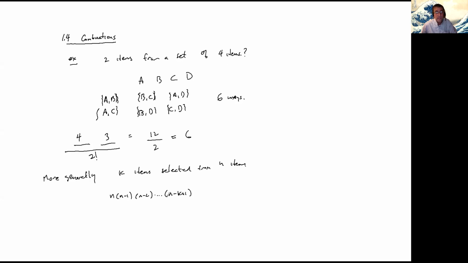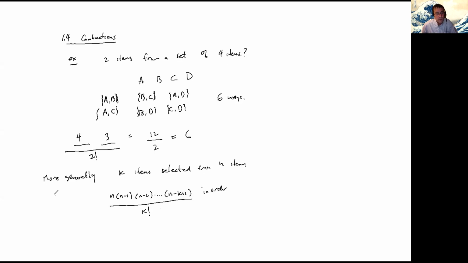That's the number of ways of selecting k items in order. But now I have to divide by the ways of ordering k items. Well, that's k factorial. So I count the ways of selecting things in order, and then divide out by the number of orders.